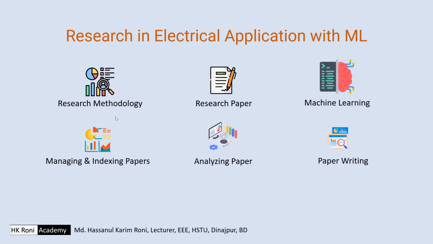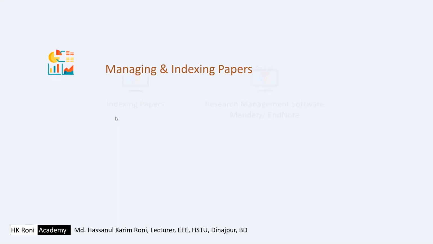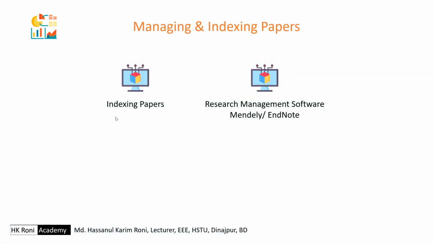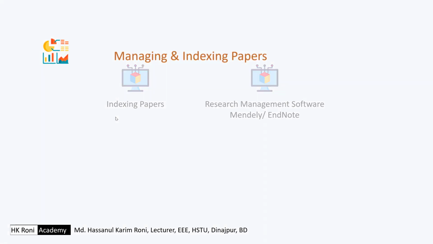We'll learn different tools for managing research papers. In this section, we'll talk about how you can index and store papers and use different software like Mendeley and Zotero for research management.